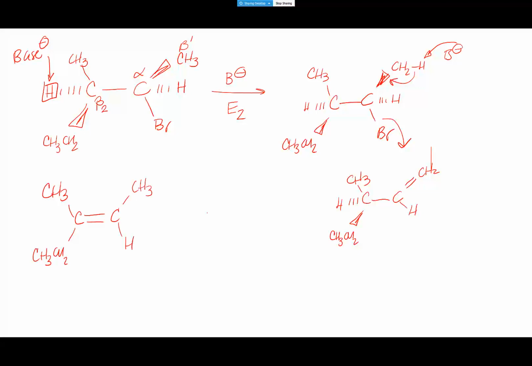So there are two possible products. The question is ultimately, which of those two alkenes do I get? Do I get the product with the two methyl groups cis, or do I get the product with the two methyl groups trans?